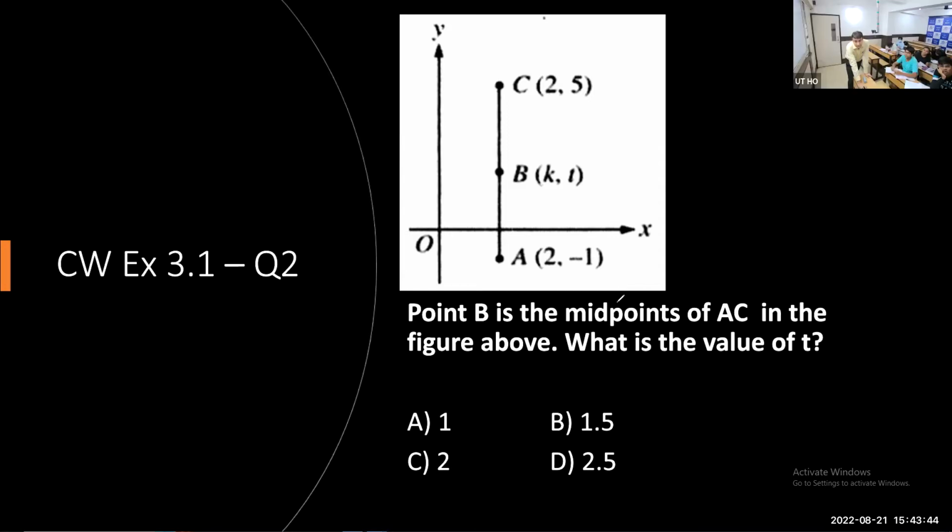Sir, midpoint. ओके मिड पॉइंट मतलब they want value of t, right? Yes. Snehit, what is value of k? Value of k क्या होगा? Sir, 2. Value of k will not change, right? Because it is parallel to y-axis, तो वो तो change नहीं होगा. But unfortunately, they are not asking value of k. तो आ जाओ t पे.